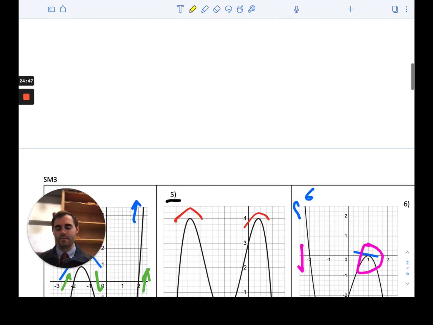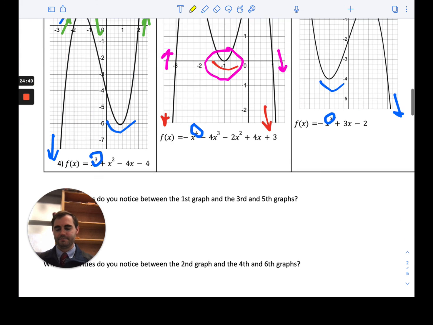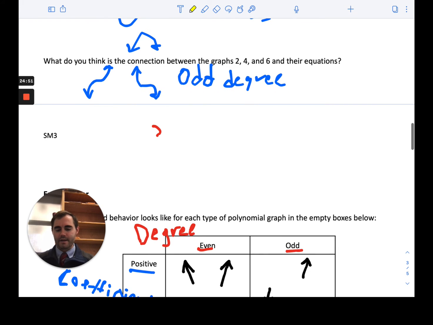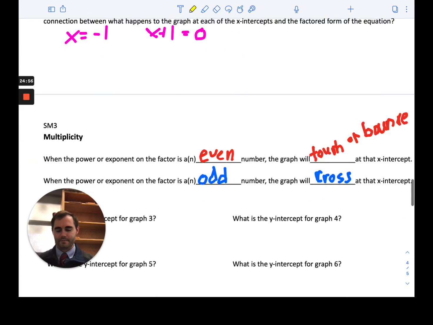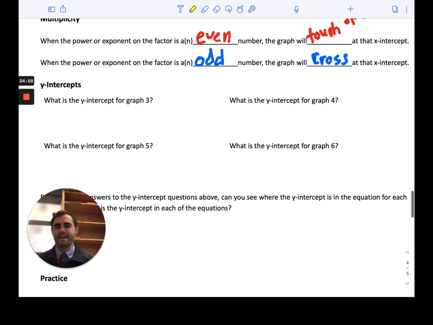So if we come back down here, let me scroll down more. The y-intercept for graph number 3 is y equals, and I'm sorry if the yellow is hard to see because it's a little darker.